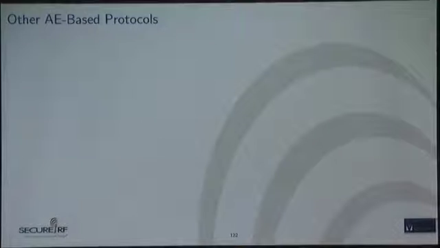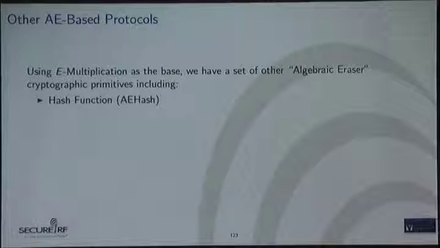The other thing about algebraic eraser, as I said, is that we have multiple protocols we can do. It's all based on E-multiplication. We also have a hash function. We have a paper that was accepted to a math publication several months ago. Who knows when that's actually going to get published? But if you're interested, I can certainly send it to you.